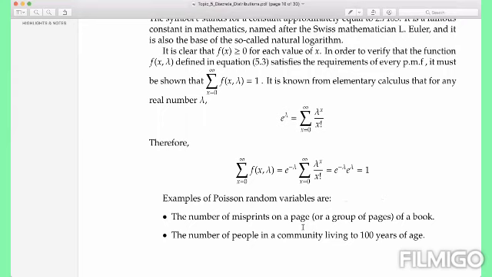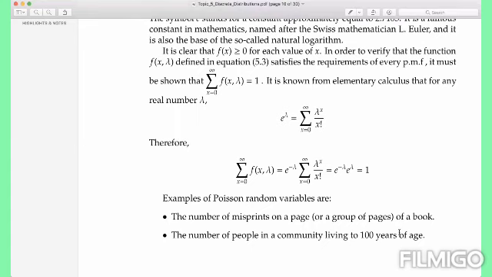Here there are some examples of Poisson random variables. At the back of our mind, we know that this Poisson takes on integral values 0, 1, 2, 3, and then you can think of problems which can be modeled as the Poisson, like the number of misprints on a page. They can be 0, 1, 2, or any number. The number of lucky guys living up to 100 years, maybe in a certain village.